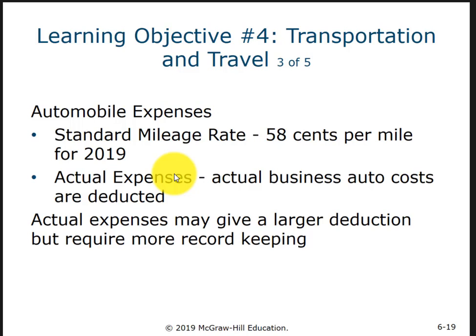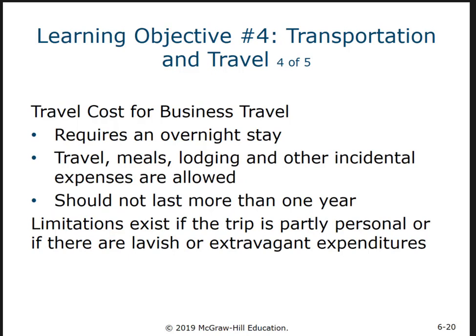And that's included in that 58 cents. So you don't get to take depreciation on top of that, but parking and tolls are separate. They're not included in this mileage rate. Insurance is, but not personal property taxes or license fees. If you're overnight, you can deduct the cost to get there, lodging, and other incidental expenses.